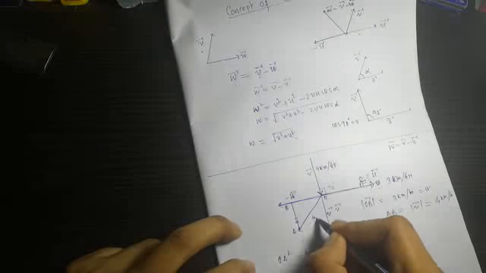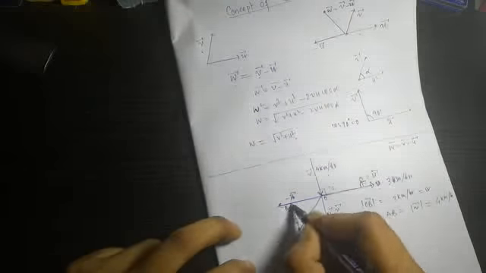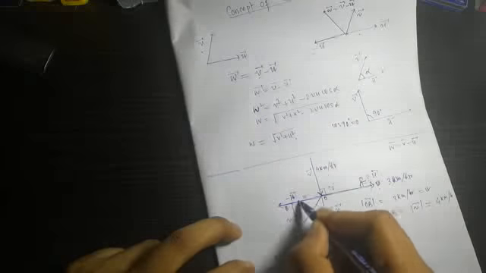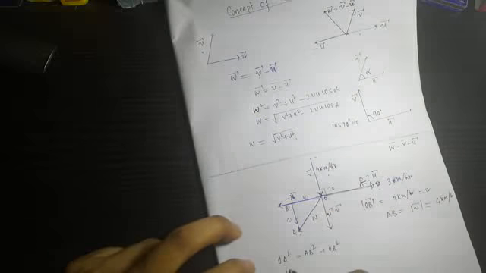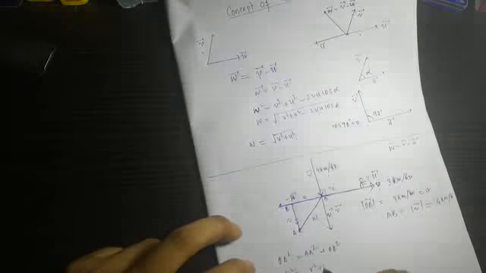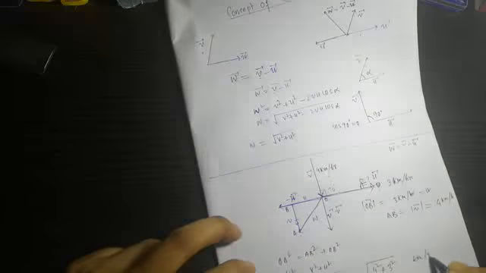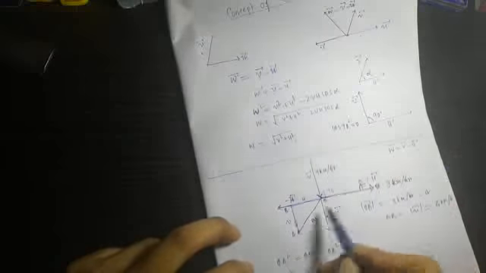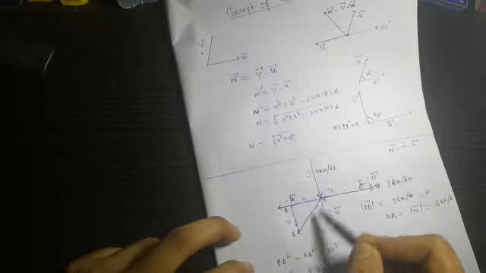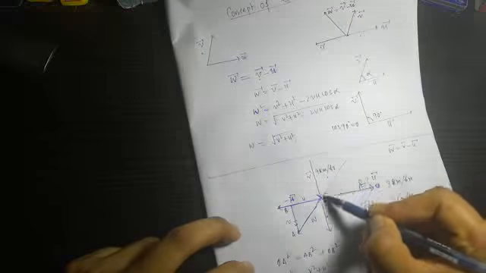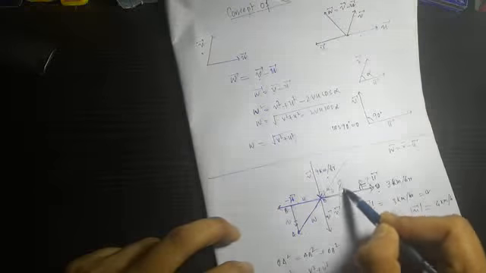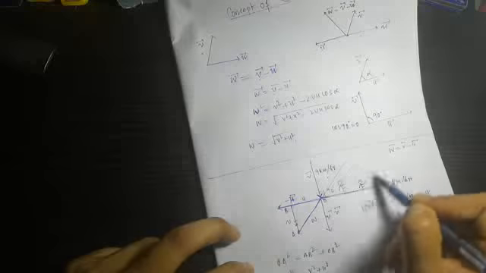OA is here our w, AB is our v, and OB is our u. We are just taking the magnitude, not the direction. So w square equal to v square plus u square, w equal to root over of v square plus u square. As here v is 4 and u is 3, you get 5 km per hour. So this observer will see the rain falling from this direction.